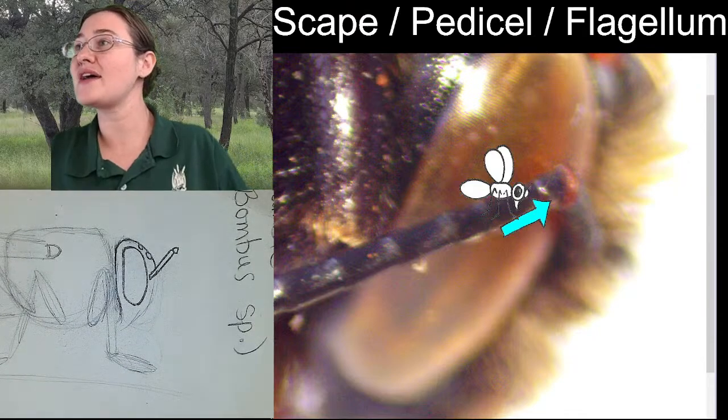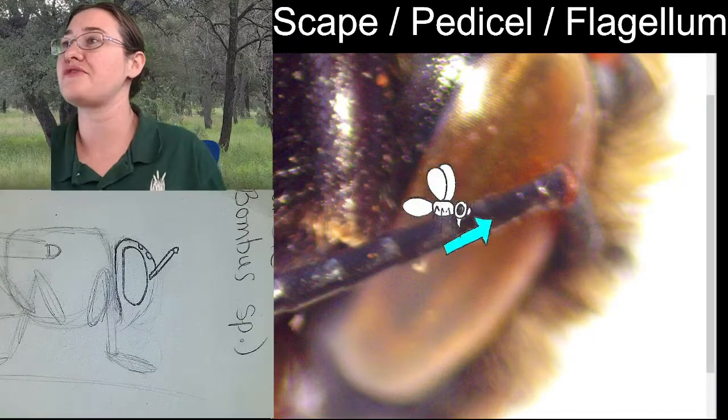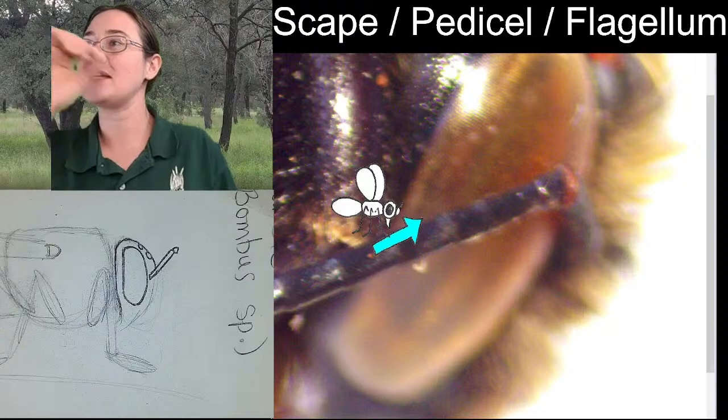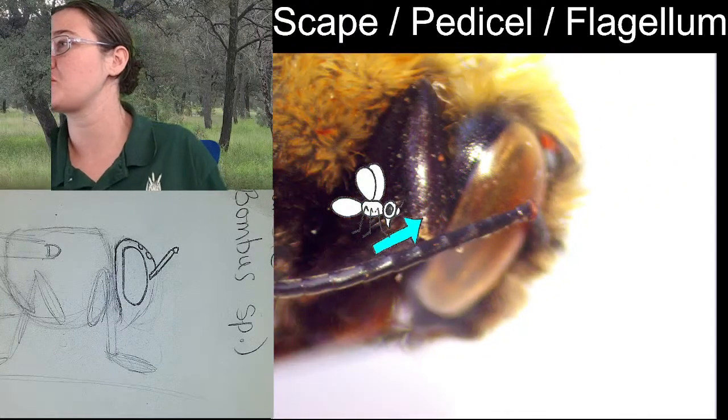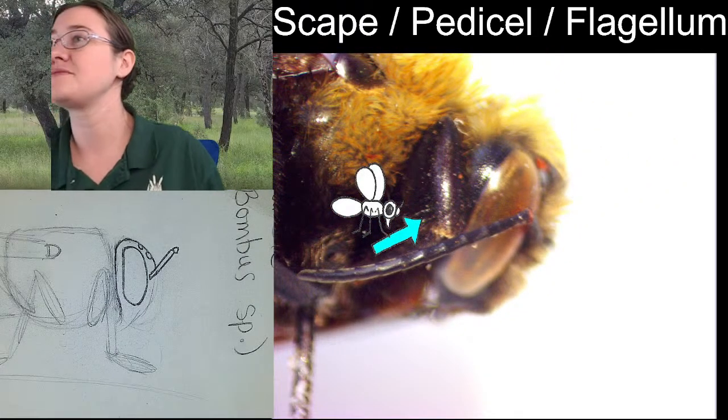And then the rest of these are what we're going to call the flagellum. And there are going to be many segments in this one. We're going to zoom out and count and see what we have.